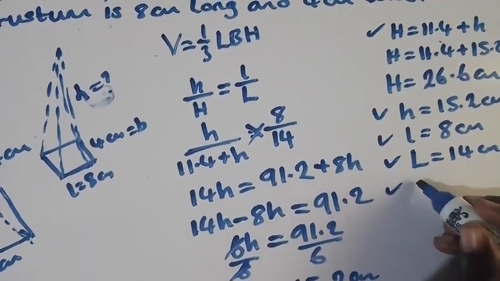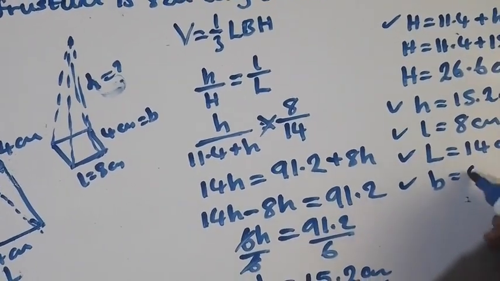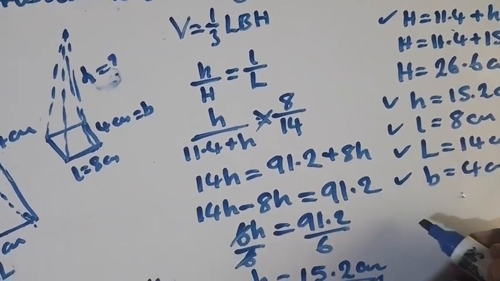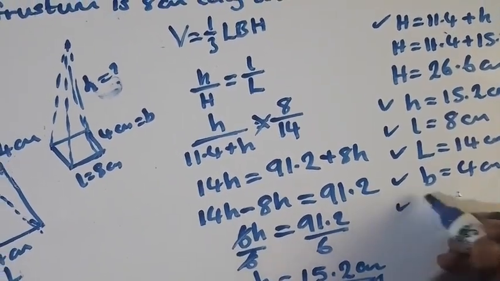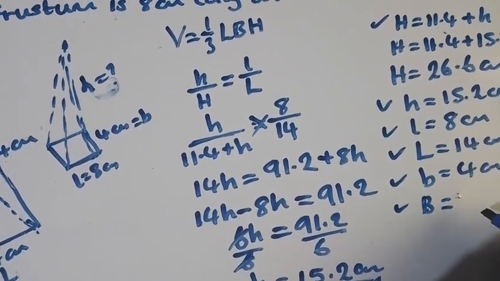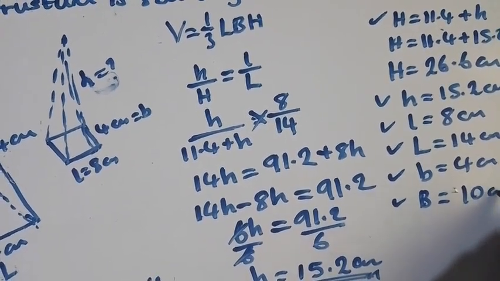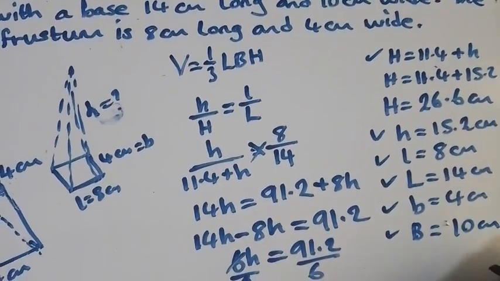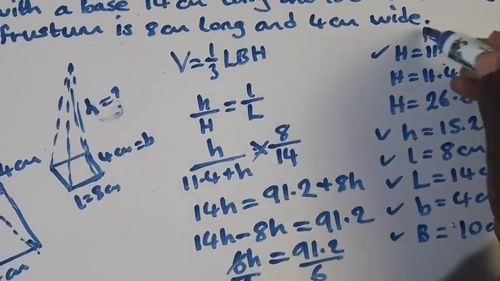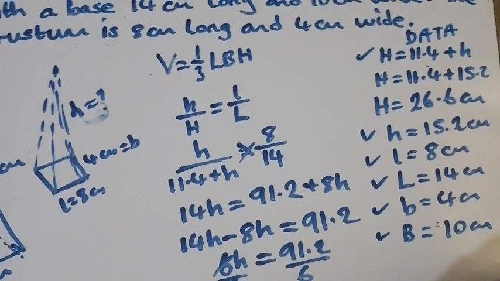Small letter b, we have 4 centimeters. Then capital letter B, we have 10 centimeters. So this is the data we shall use to calculate the volume of the frustum.